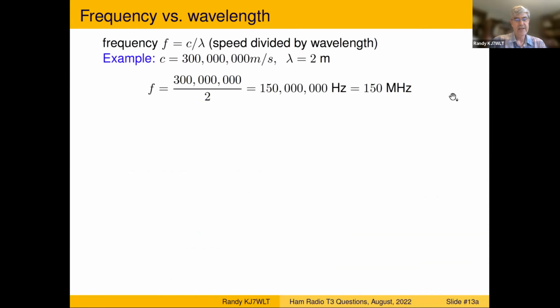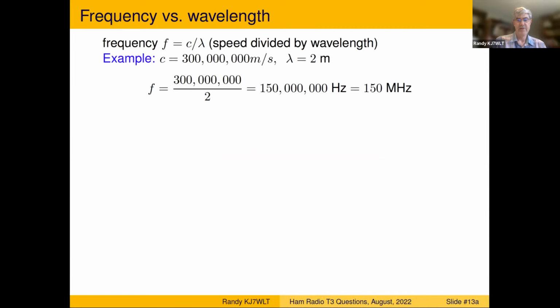Okay, so let's go through those calculations again and also see how, if we know the frequency, we can calculate the wavelength. This is from the previous slide. The frequency is the speed divided by the wavelength. So in the example we looked at, it was 300 million meters per second divided by 2 meters, which gives us 150 million hertz, or 150 megahertz.